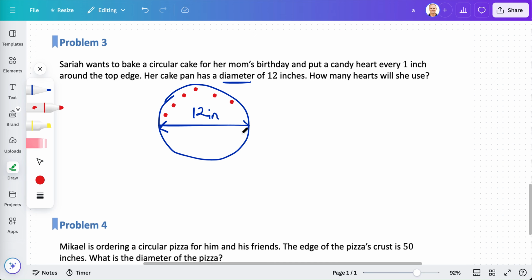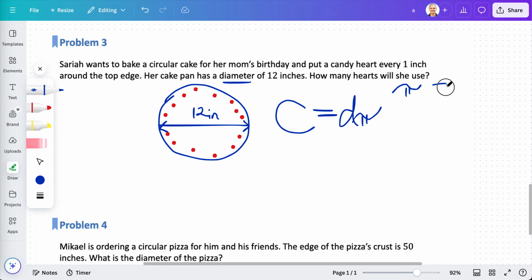So in order to calculate this, we need to know the circumference. And as I just told you, the circumference is diameter times pi. Pi is 3.14, and the diameter is 12.